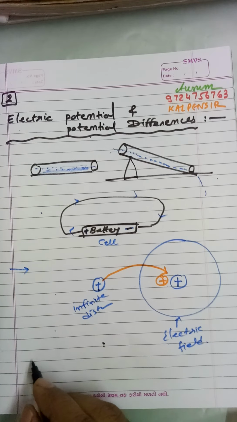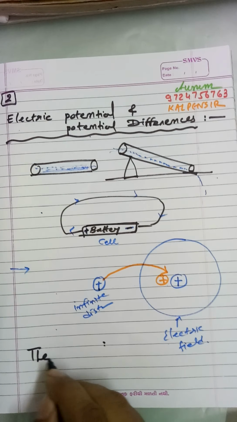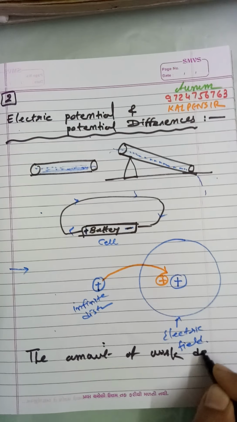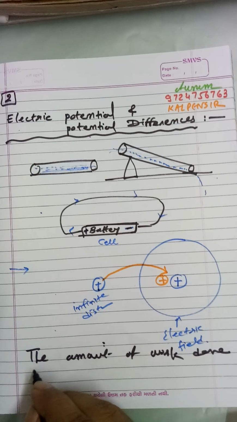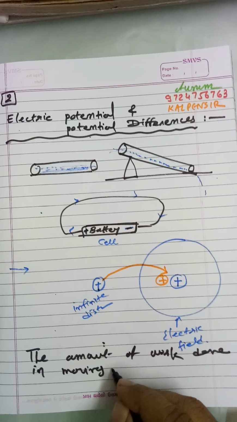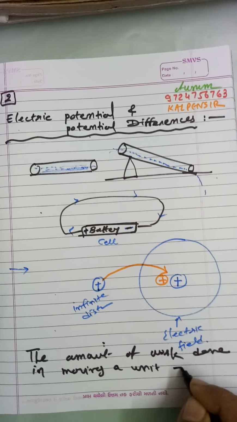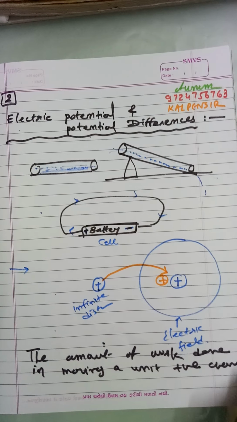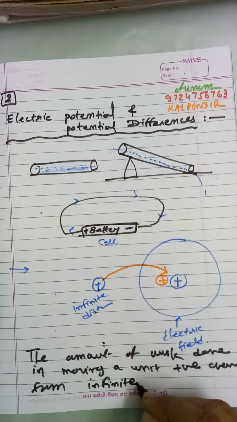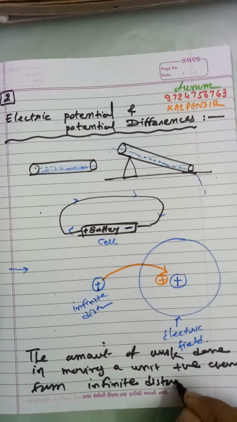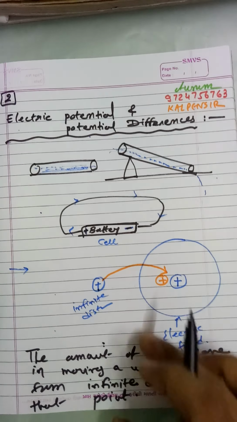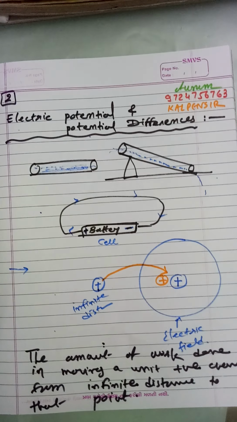So define it: electric potential is the amount of work done in moving a unit positive charge from infinite distance to that point. This is called electric potential.